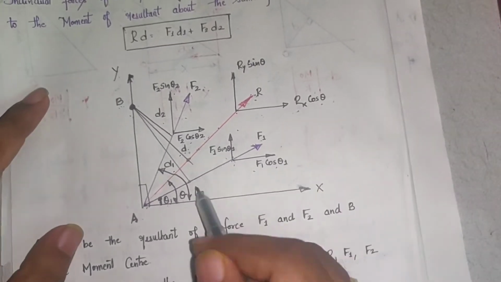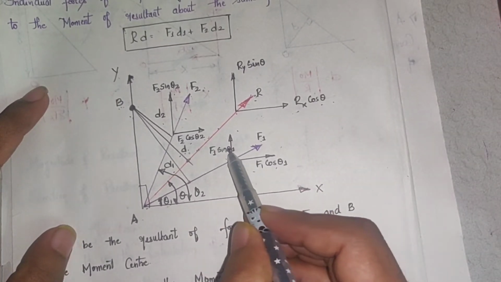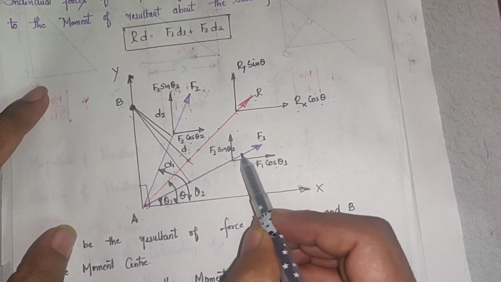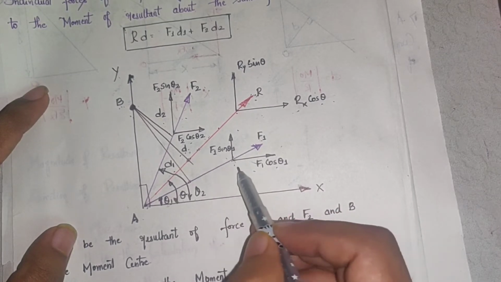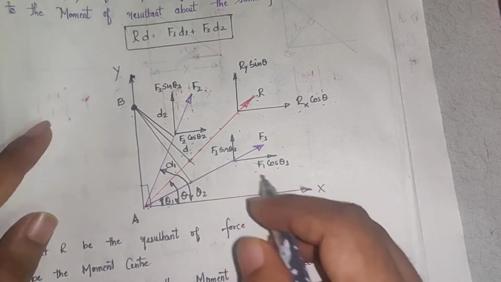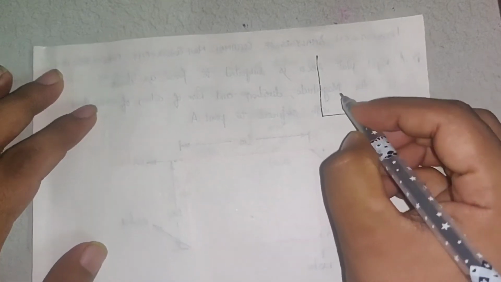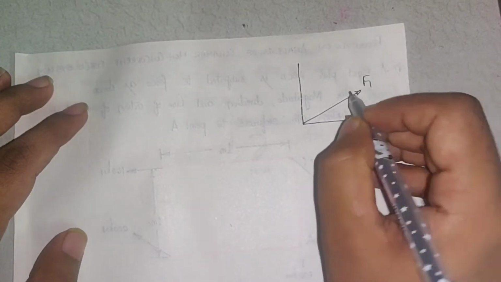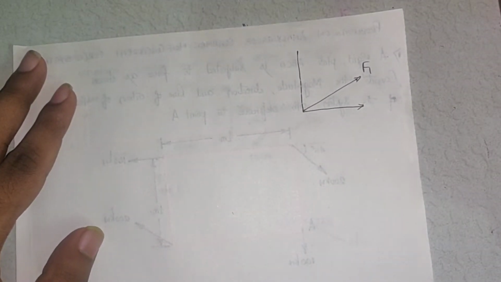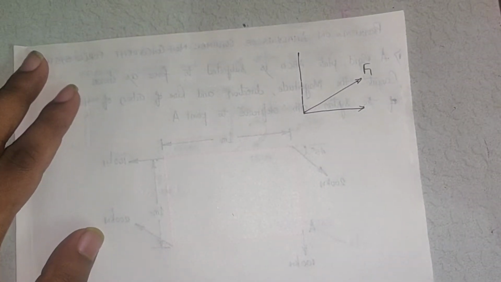Now from the picture you see here, where should I place these two components such that one of the two components will be equal to 0? I will show you here. This is the y-axis and this is the x-axis. Force F1 has two components, a horizontal component and a vertical component.